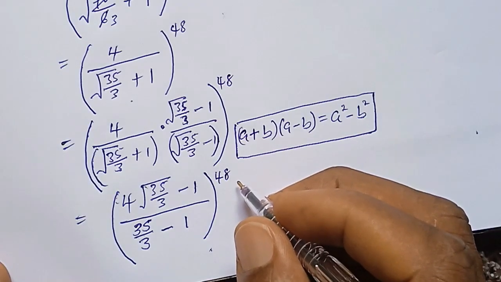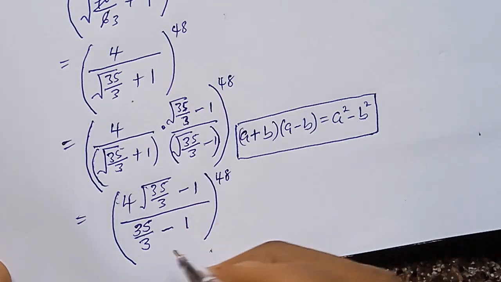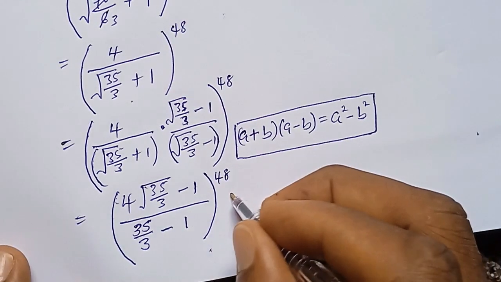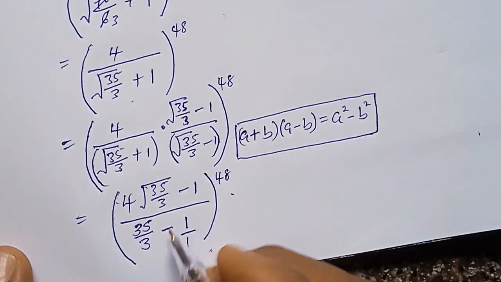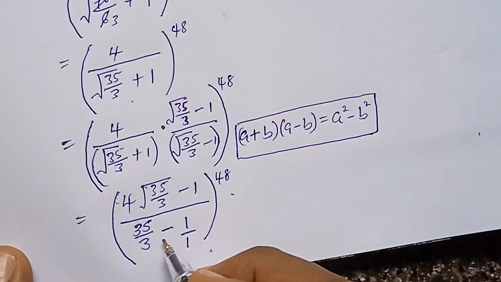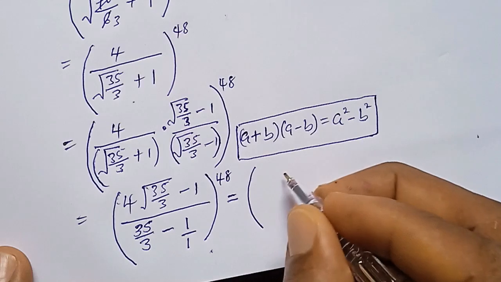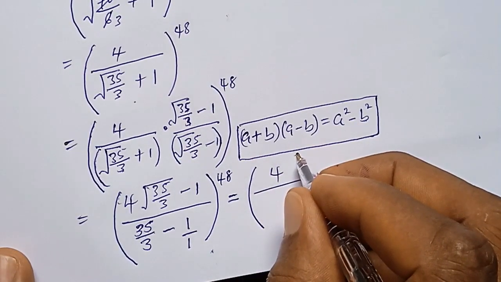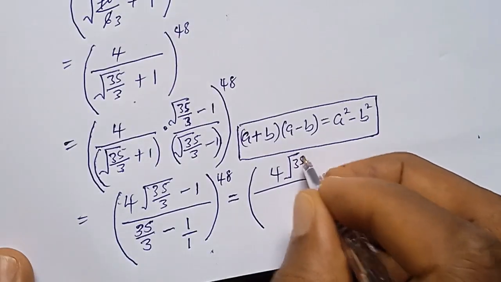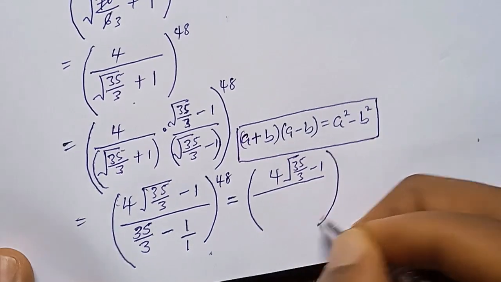Having simplified this, we can now go ahead to simplify again the denominator. We can have this over 1, so that we can simplify by finding the LCM. So this becomes 4 square root of 35 over 3 minus 1, in bracket.